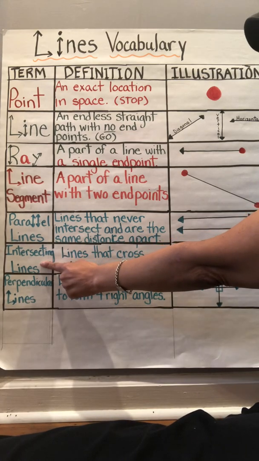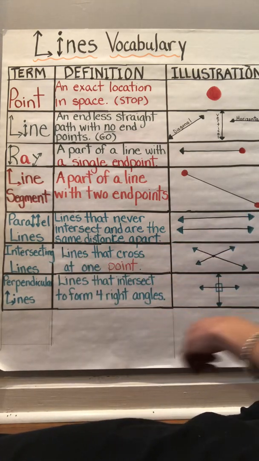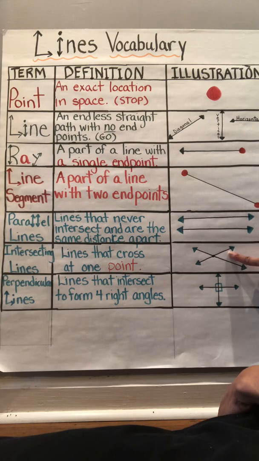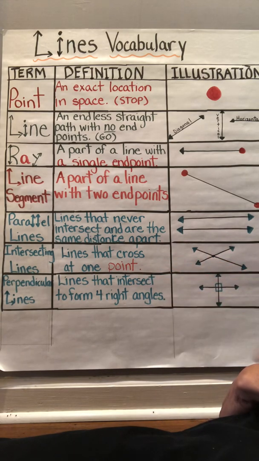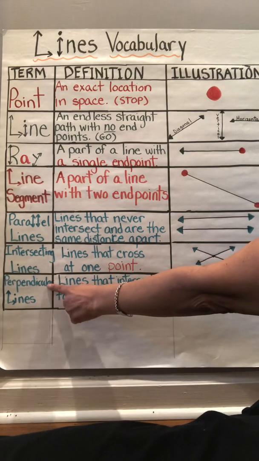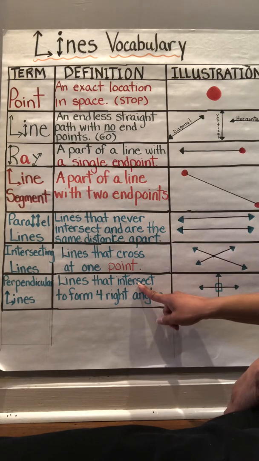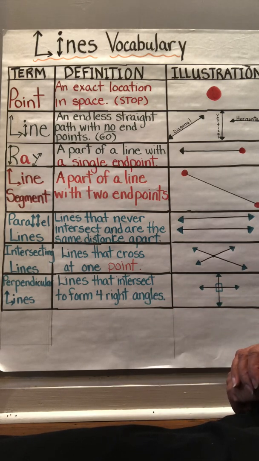Next is intersecting lines. These are lines that cross at one point. So here you see them crossing and touching each other, and here is the point where they crossed. All right, so lines that cross at one point. The next one is perpendicular lines. These are lines that intersect to form four right angles.